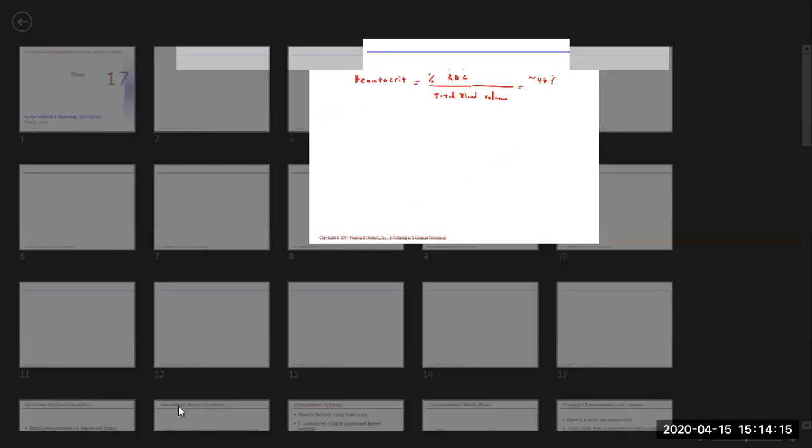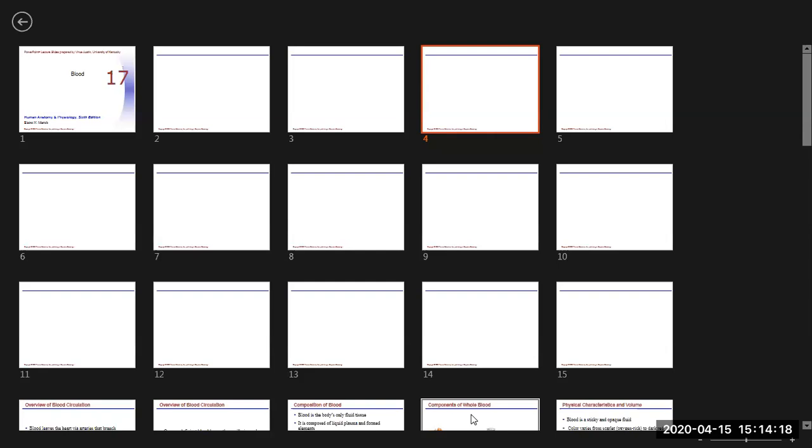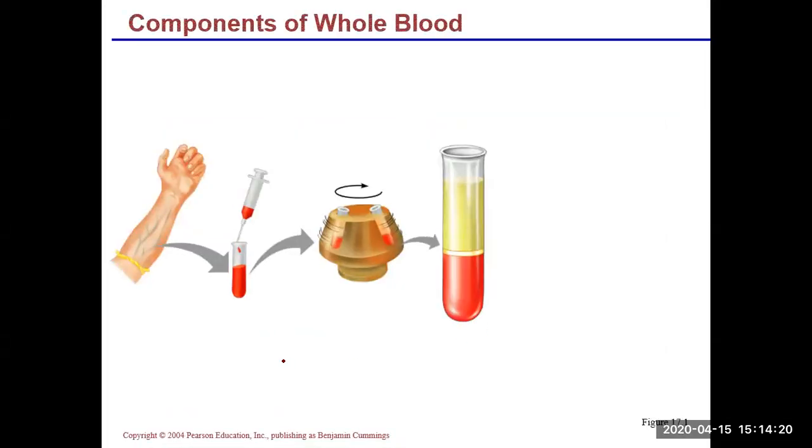Let's take a look at this hematocrit. Blood from an individual has been withdrawn, then placed into a centrifuge machine. The centrifuge rotates this vial at a high RPM. After a minute or so of rotation, all the heavy stuff will go towards the bottom, and the lighter stuff will stay on top.